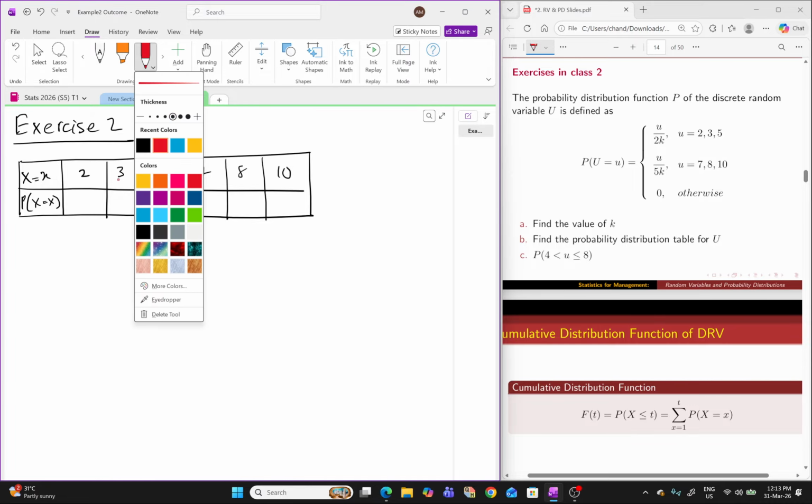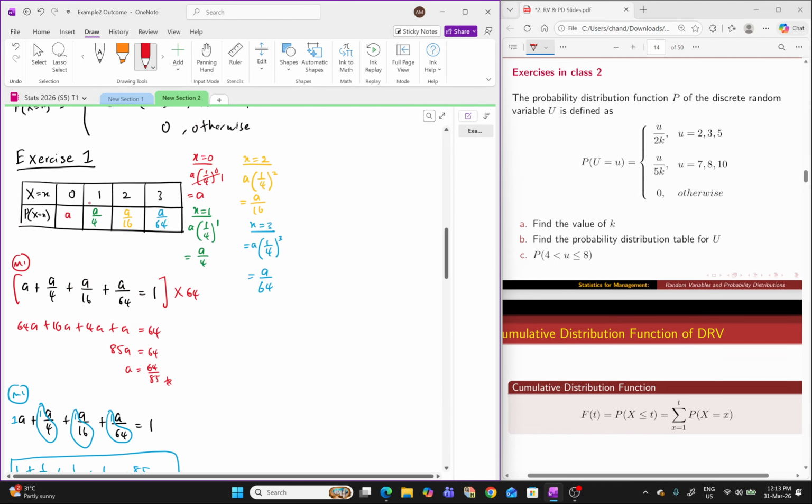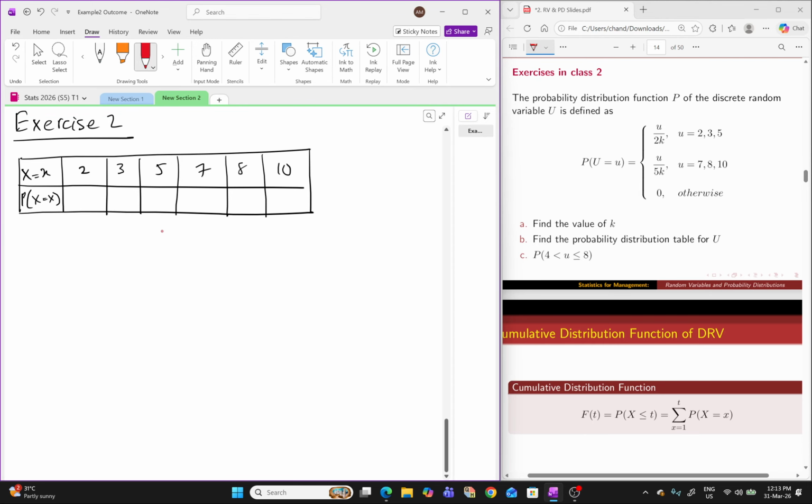Try to find me what is the probability for here in terms of u in terms of k. Tulis dulu apa probability dekat sini. Macam tadi probability dia apa dekat sini dalam table. A over 4, A over 16, something like that. Here you try this one.